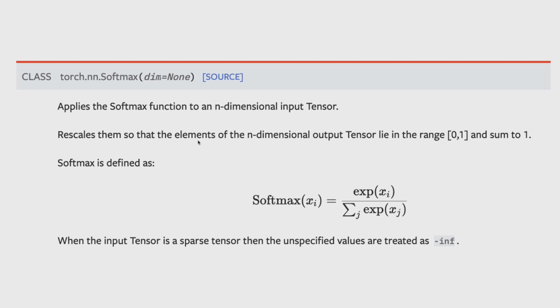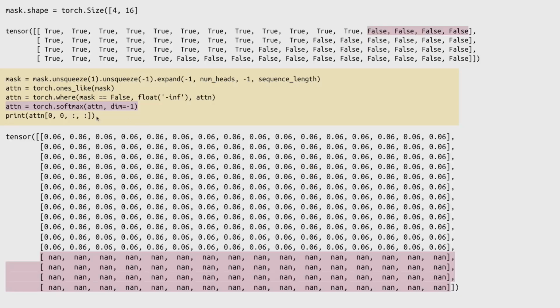They eventually go through a softmax operation. What the softmax does is that for each value in the given dimension, it takes the exponentiation of that value divided by the sum of the exponentiation of all of those values in that dimension. So I pass my attention through the softmax.